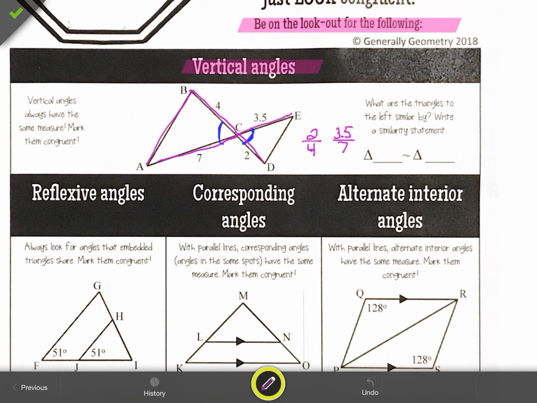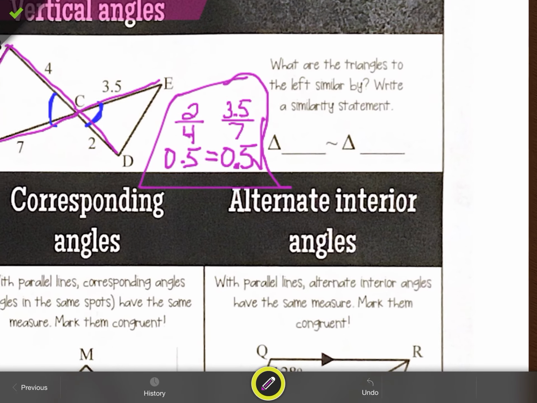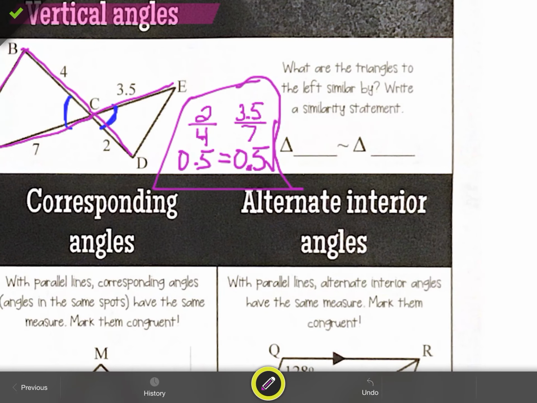Yes. Okay. They both come out to be 0.5. So you know your sides are proportional. I have to see this. If you say side, side, side, or side, angle, side, okay, then you have to show me your proportions. So are the triangles similar by?